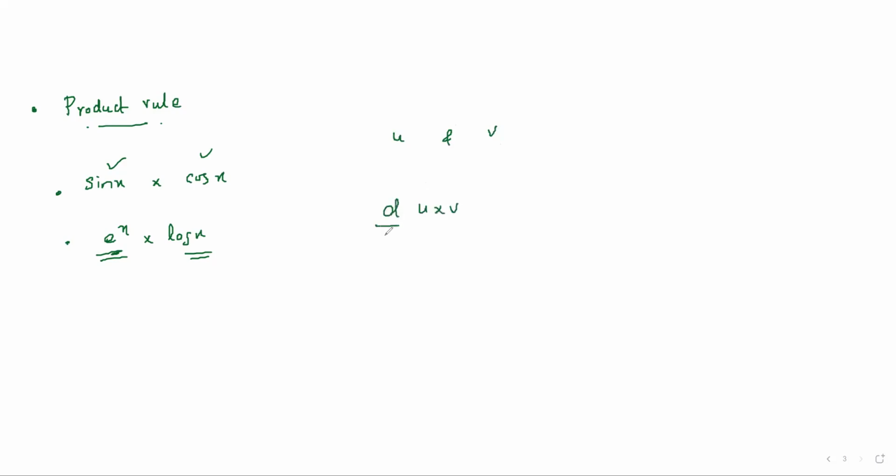To find the derivative of u into v, you can do like this: u into derivative of v plus v into derivative of u. Or in other words, you can use first function, second function. So what is the derivative?